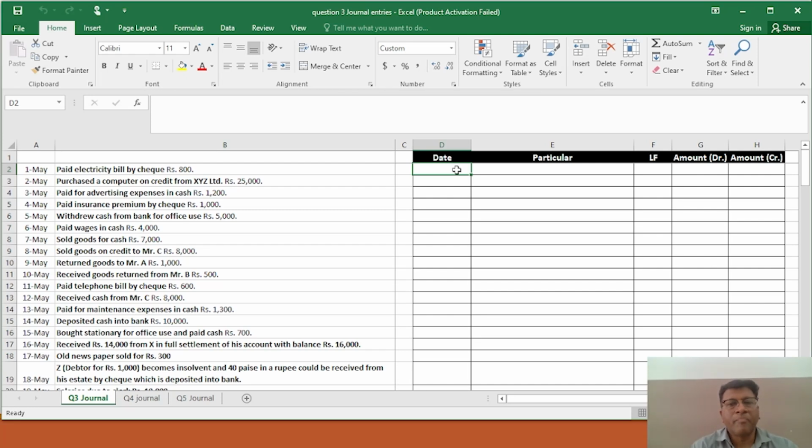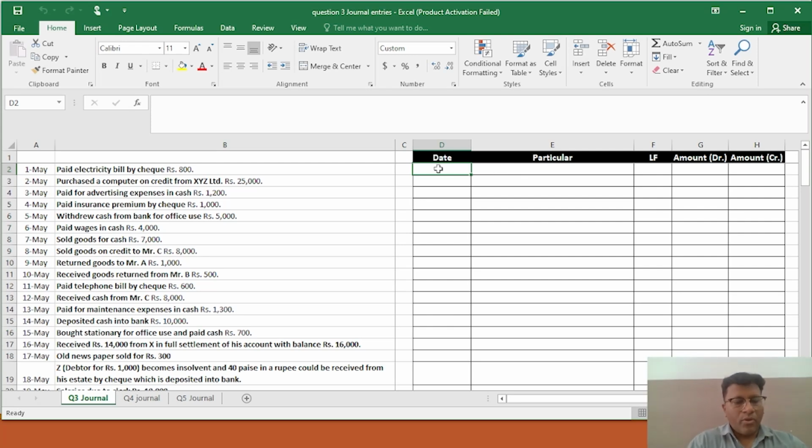The transaction is related to expenses, incomes, assets, liabilities, or any person or a party is given to you in the transaction. So you have to identify this is the case of expenses, because you are paying the electricity bill. So let's go to make the entry, right?